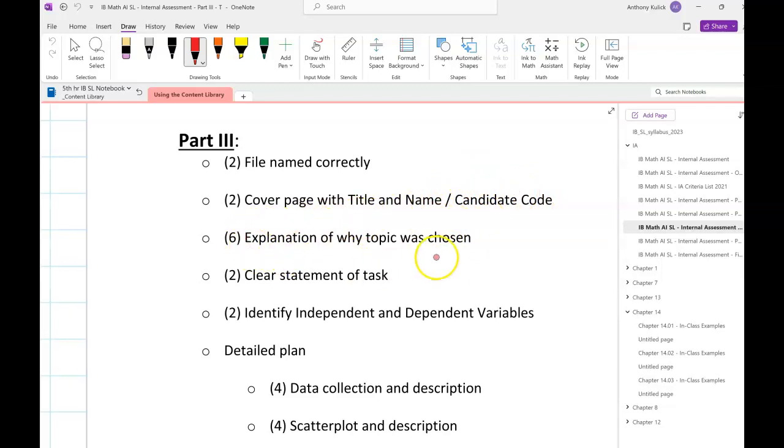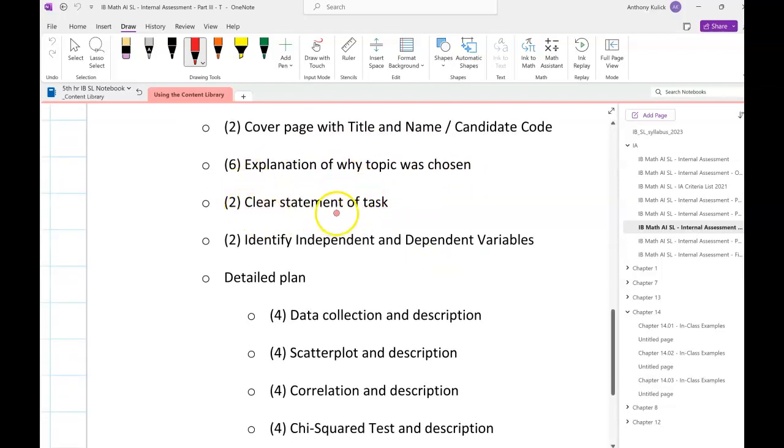You need some kind of explanation about why you thought this was an interesting topic and what motivated you to choose what you chose. A statement discussing what you're planning to do. Like, I'm going to write a survey and collect some data from my peers to analyze.